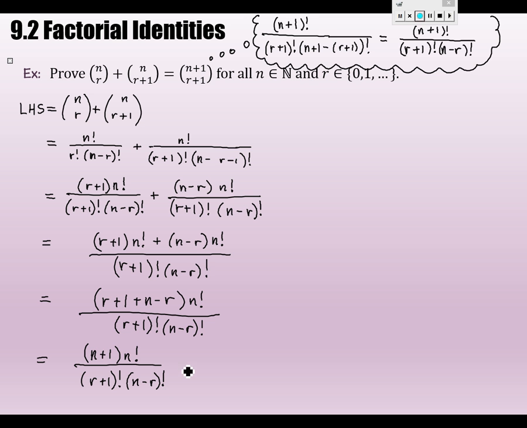And that's just what? I think we're there, friends. I don't think we would have known we were there if we hadn't written our thought bubble. But I think that's n plus 1 choose r plus 1, just as we wanted.